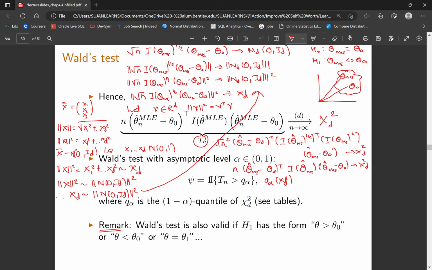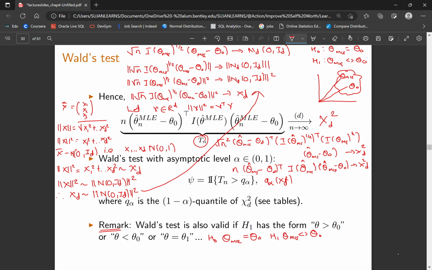The hypothesis was the third version: H naught was theta MLE equal to theta naught, and the alternate hypothesis was theta MLE not equal to theta naught. It was everything except theta naught. That's what we were proving. That's the alternate hypothesis.